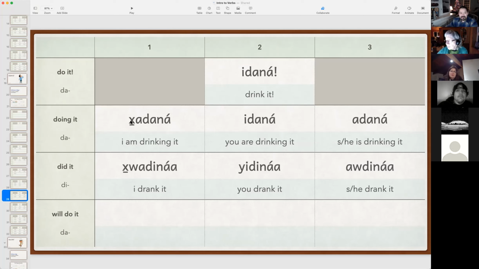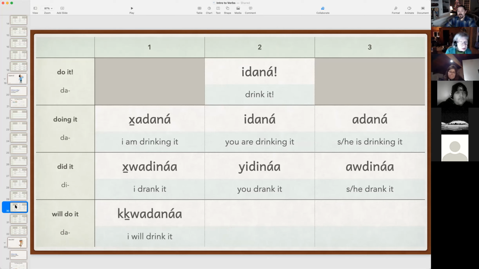So this one, we have da, di, da. So it's going to go back to da, and we should have kwa, da, na. We're going to have ga, ki, da, na, and gu, da, na. This one has a rule, and I'll show you.